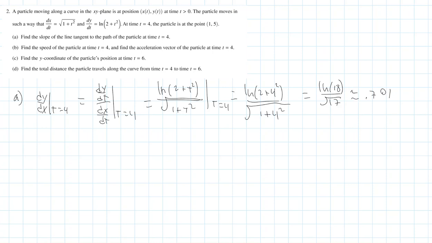0.0701. So part B asks us to find the speed of the particle and the acceleration vector at t equals 4. So we know that the speed is equal to the square root of (dy/dt) squared plus (dx/dt) squared.